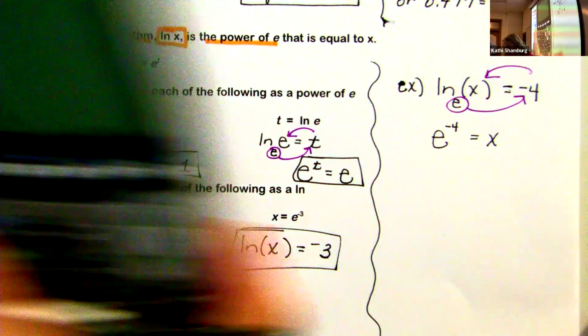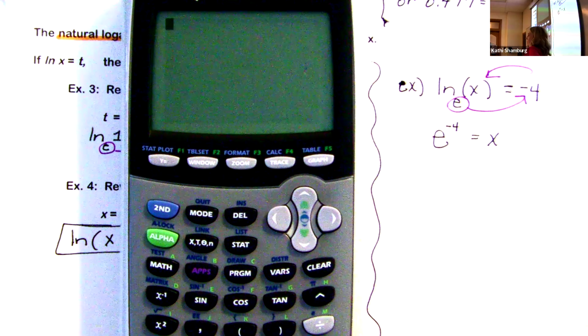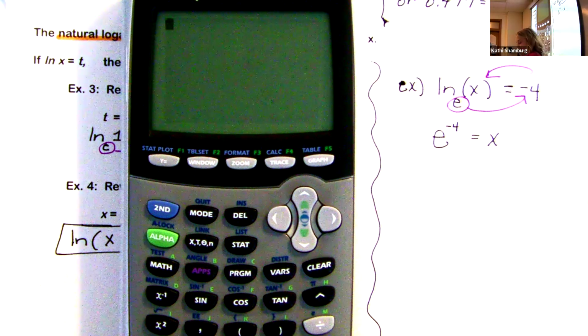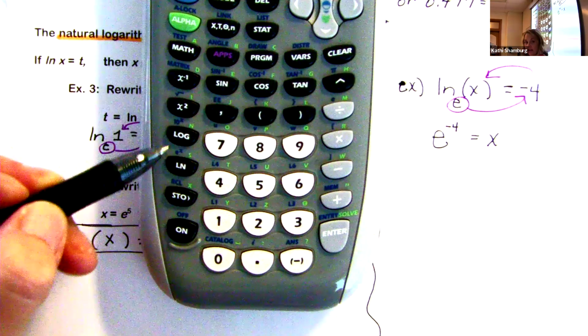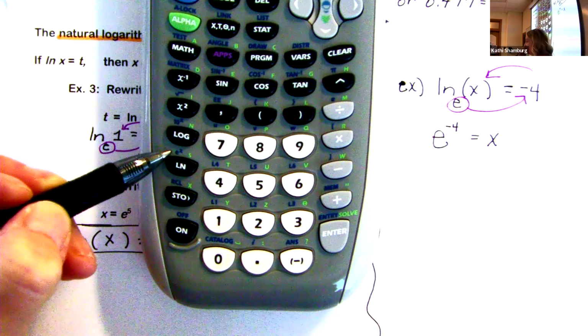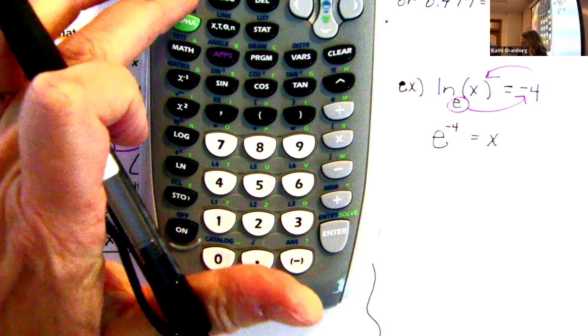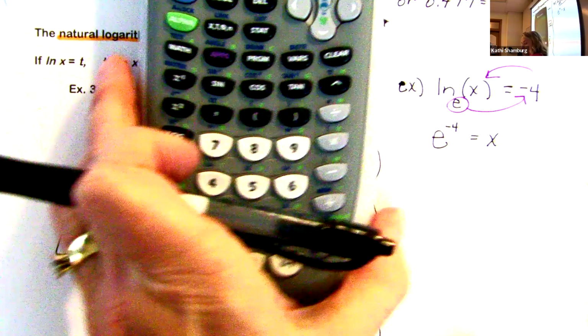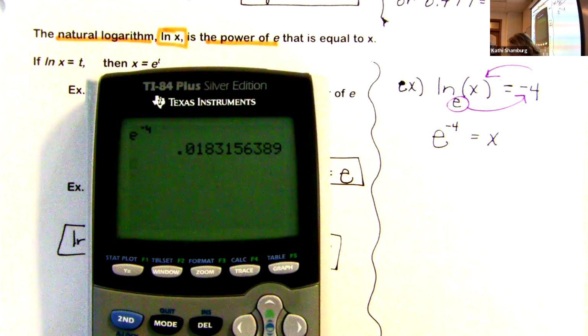So then I could go to my calculator. Now you have to be able to find E. Anybody found it? All right, here's log, here's natural log. Right above natural log is E raised to an exponent. So since it's in blue, I would do second natural log, and the E is going to pop up. And then I'm going to put in -4 and hit enter, and I get 0.018.